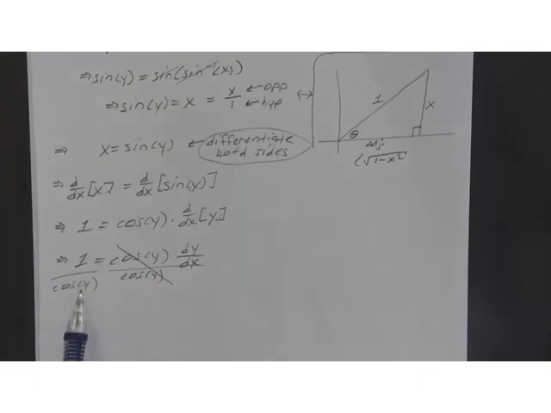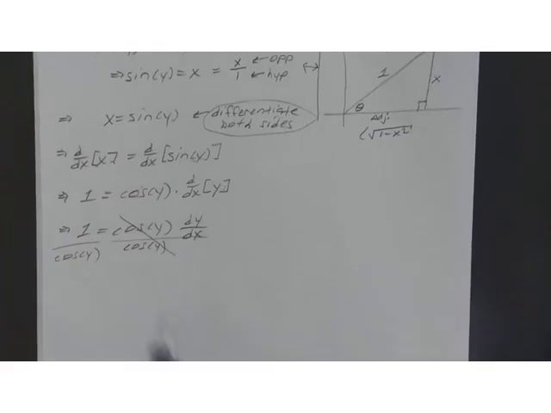Okay, so we have 1 divided by cosine of y is equal to the derivative of y with respect to x. And I'm just going to flip it around for my own little quirk. So the derivative with respect to x of y is equal to 1 over cosine of y.